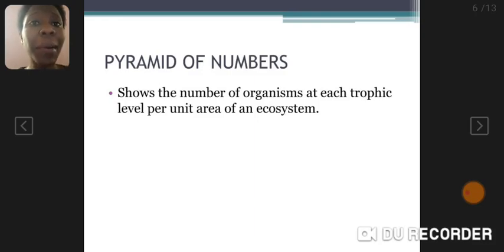For example, if you have a hectare of land and you mapped out a unit area of it, and you find out that you have 10 maize plants as the producers, then you can calculate that if there are 10 maize plants in this 1 unit area, you can use 10 maize plants as the standard for the other unit areas of the land.